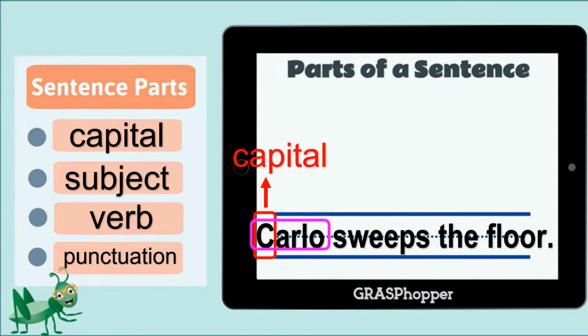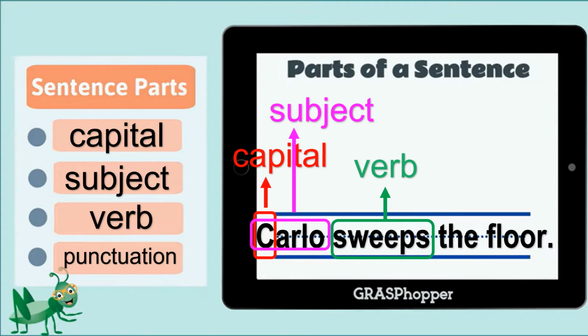And we have the subject. Carlo is the subject. Si Carlo ang pinag-uusapan. Ano ang ginawa ni Carlo? Sweeps. Yan. And ano ang punctuation natin? That is a period. It can be a question mark or an exclamation point.